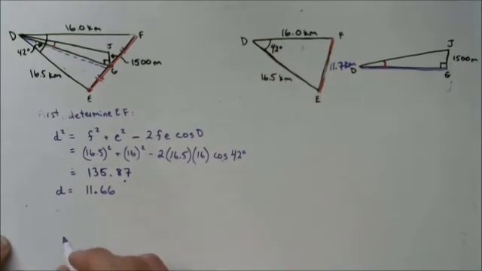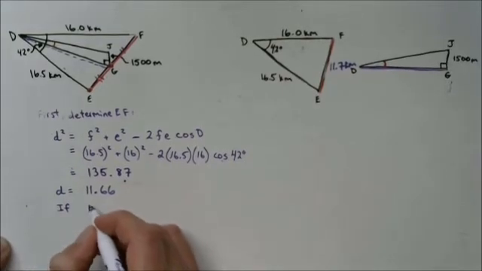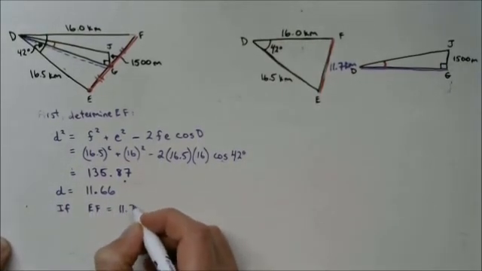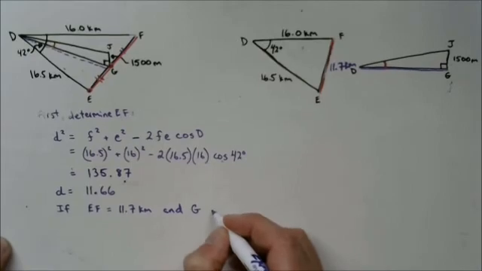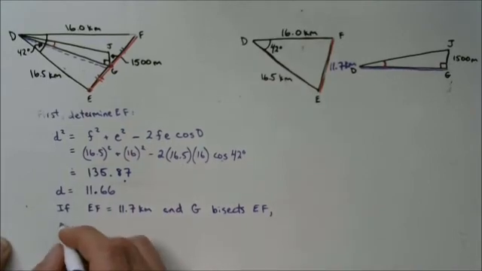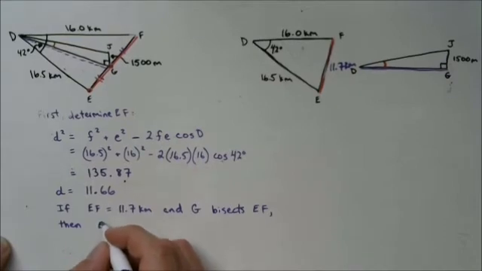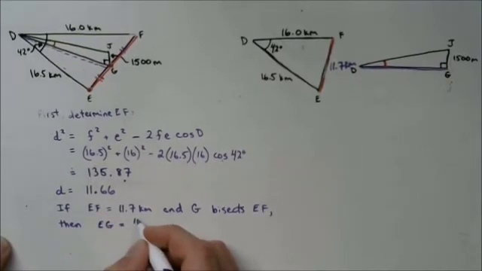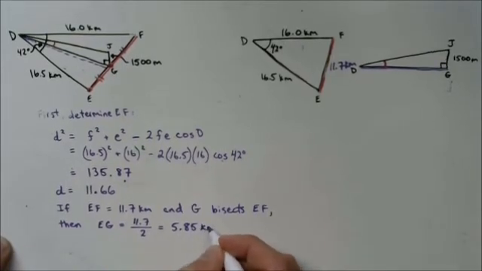All right. Now, if EF equals 11.7 kilometers and G bisects EF, then EG, from Emerytown to the golf course, is 11.7 divided by 2, or 5.85 kilometers.